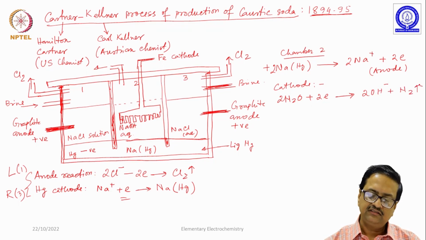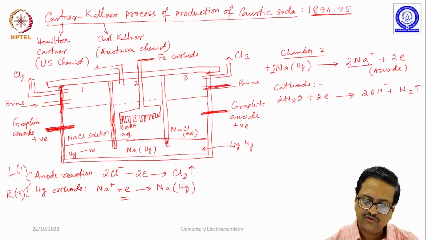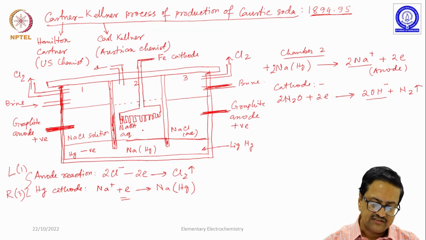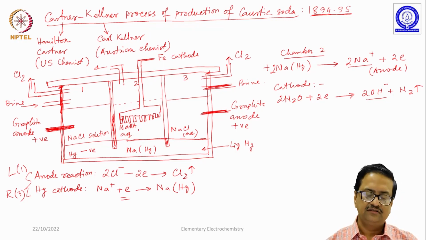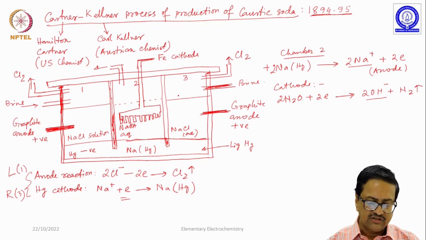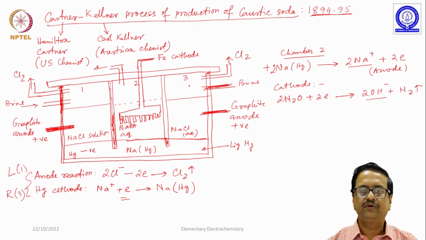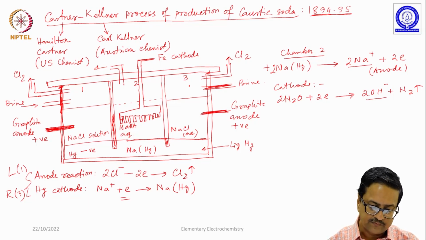So what is happening is in the central cell, the sodium and OH minus ions are forming. As a result, the concentration of NaOH increases drastically here, and this produces a strong solution of NaOH in the middle chamber. One can from time to time drain this freshly produced sodium hydroxide and use it for various applications.